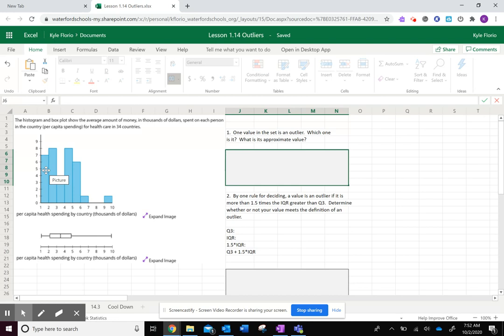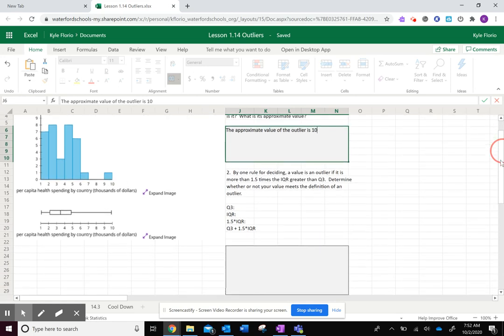It's kind of out on its own. It doesn't seem like it should be here. The one data point that's separated from all the other ones is right here around 9 and 10. The approximate value of the outlier is, I'm saying, approximately 10, somewhere between 9 and 10. Let's say it's approximately 10.